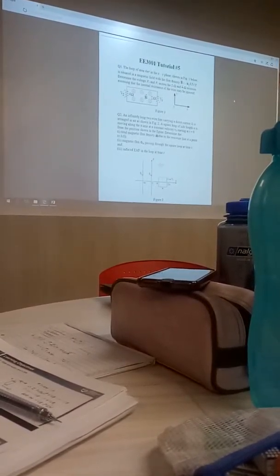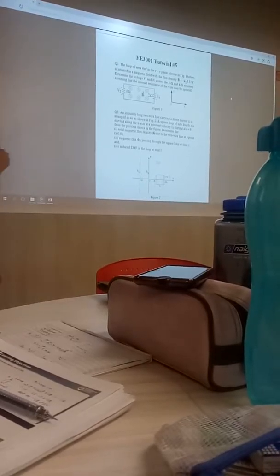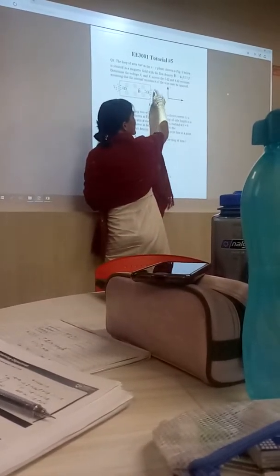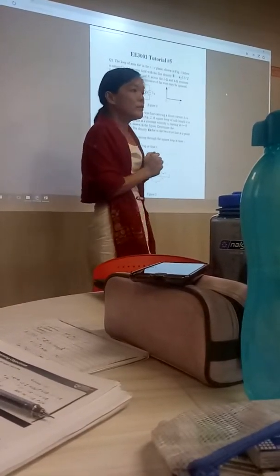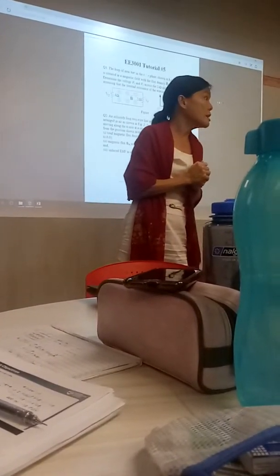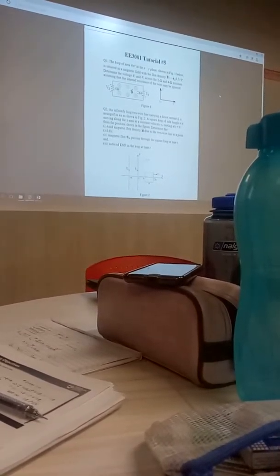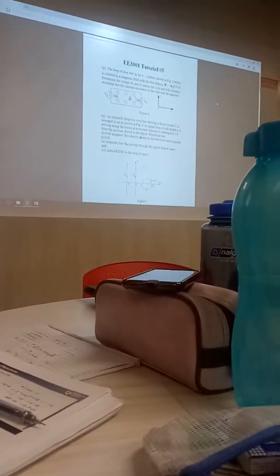Counterclockwise. So this is going to go counterclockwise. Your current goes from positive to negative, so V1 and V2 will be positive values. Remember that. So we're going to start working on this question.